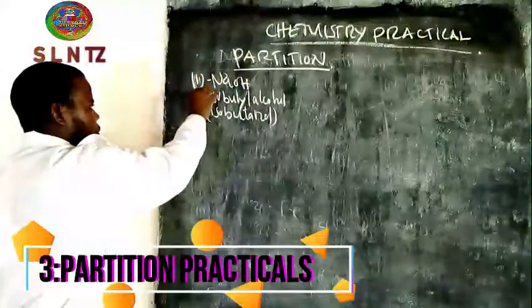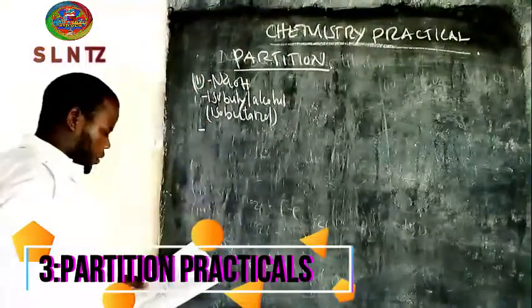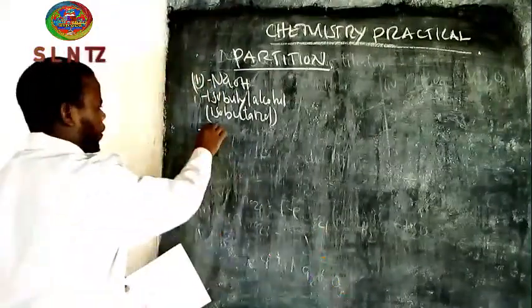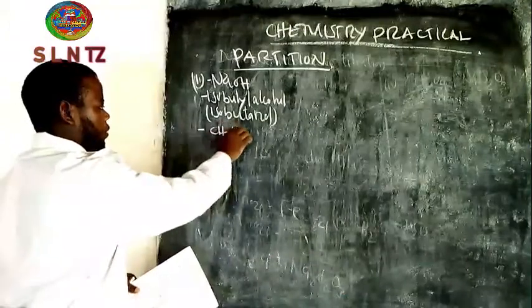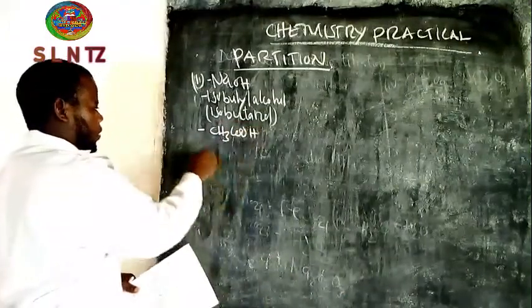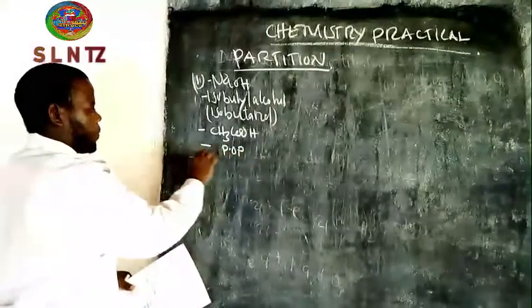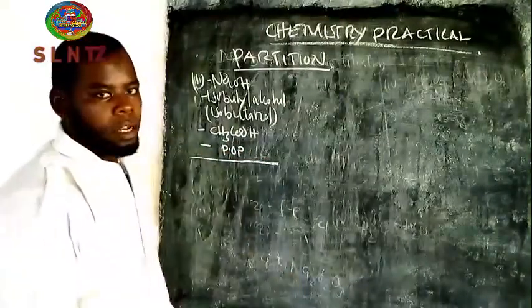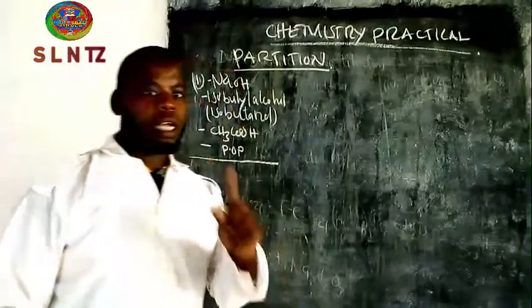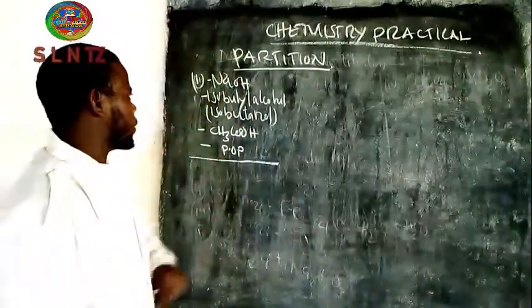Then there is 1, there is 2. Another component here, there is acetic acid, and there is POP. That is number 1. It means there are 2 cases or 1 case.